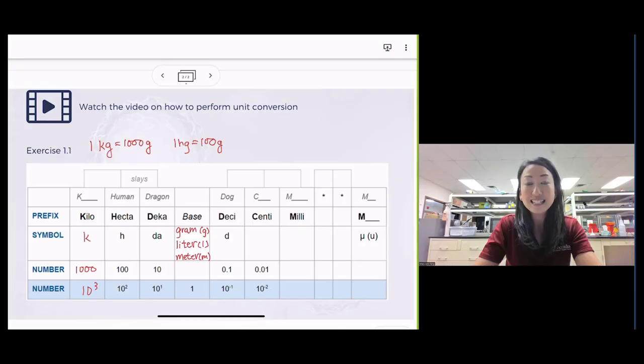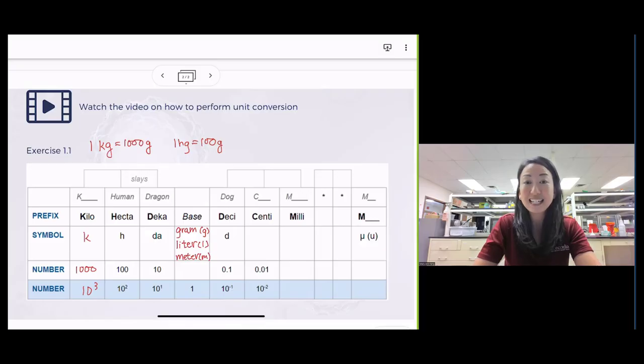So 1 dag is 10 gram. Now the base unit is obviously itself. So 1 unit, 1 gram, is 1 gram. Then deci is another order down. So 1 dg will be 0.1 gram, or 10 to the negative 1 gram.